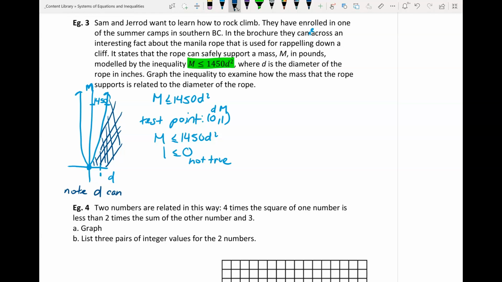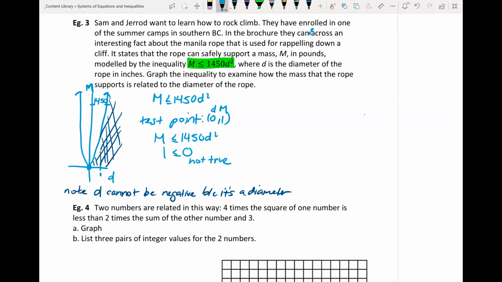And we can't have d be a negative number because that's our diameter. Diameter is not negative. So I'm only shading that one side then.